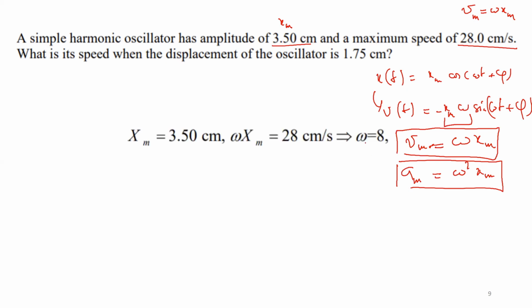So of course, omega will be equal to 8 radian per second. Good. It will be just basically v max divided by x max. So now the question is, what is the speed when the displacement of the oscillator is 1.75 centimeters?